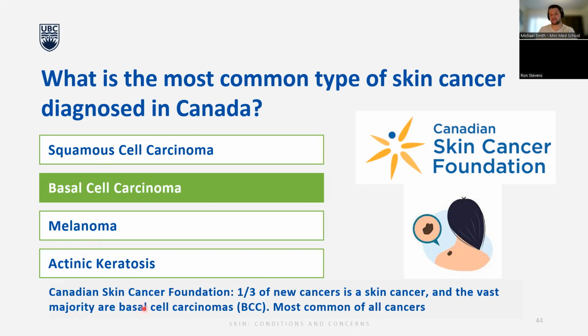And according to the Canadian Skin Cancer Foundation, about 1/3 of all new cancers is a skin cancer, and the vast majority are basal cell carcinomas, which are actually the most common of all cancers. However, you won't often hear basal cell carcinoma reported in the same way as melanoma, because basal cell and squamous cell are more rare to cause death, but they are more common.